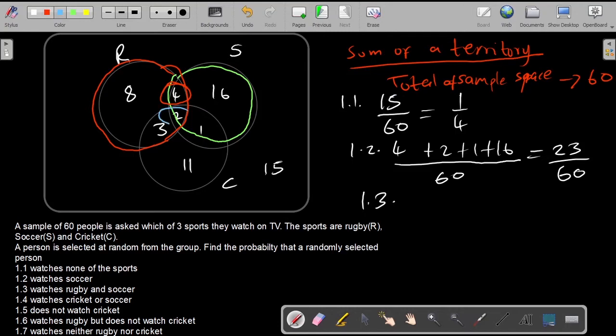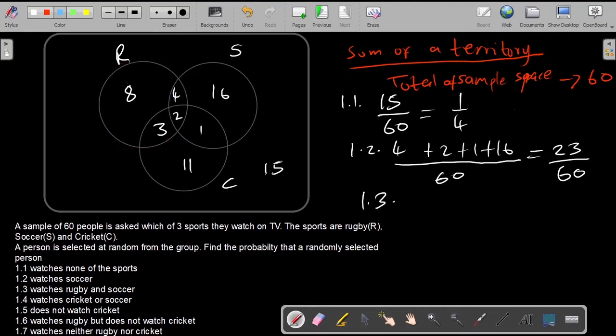But here we have people who watch rugby, soccer, and cricket. But within that portion as well, those people do watch rugby and soccer. So we include these two because the question didn't say that we only have to focus on the people who only watch rugby and soccer. So we include this other intersection, which includes people who watch rugby, soccer, and cricket as well.